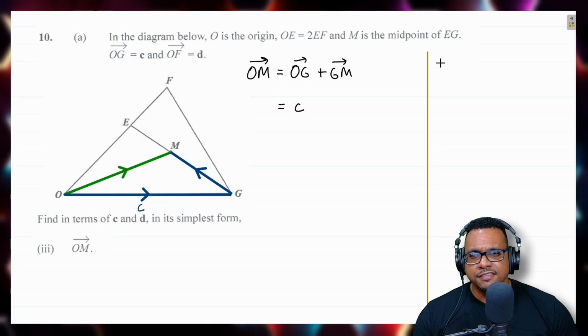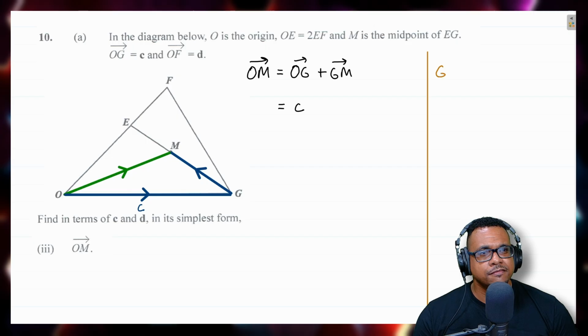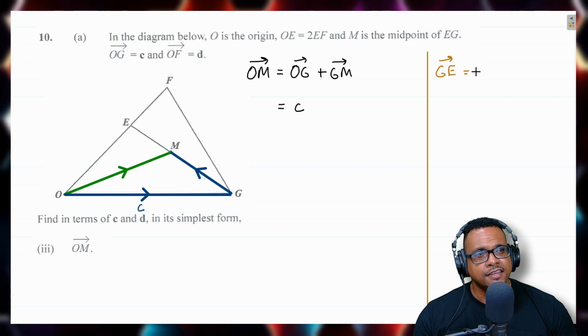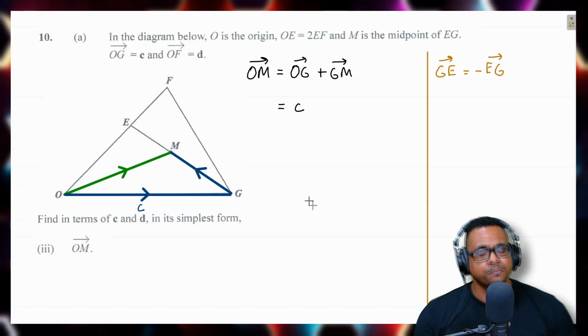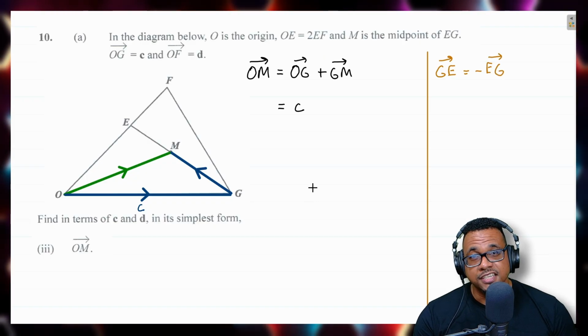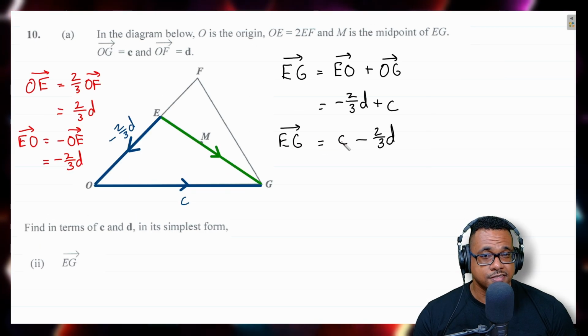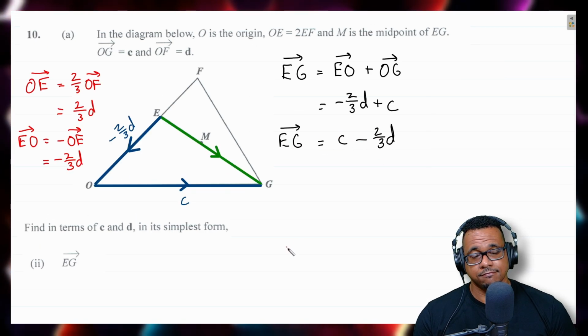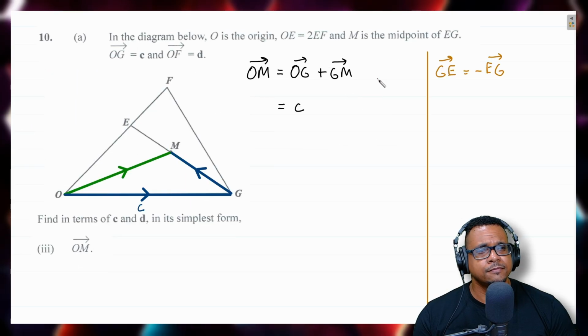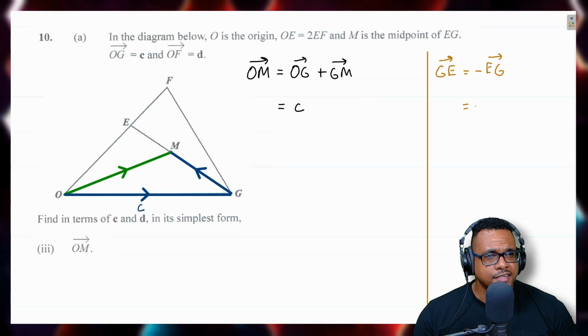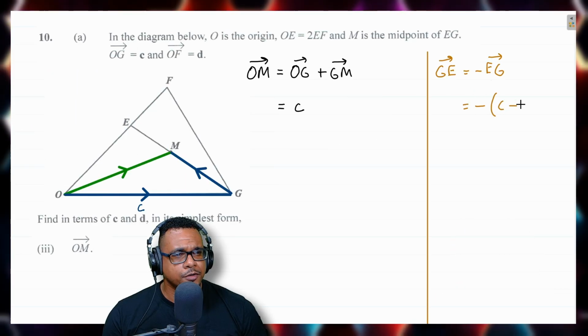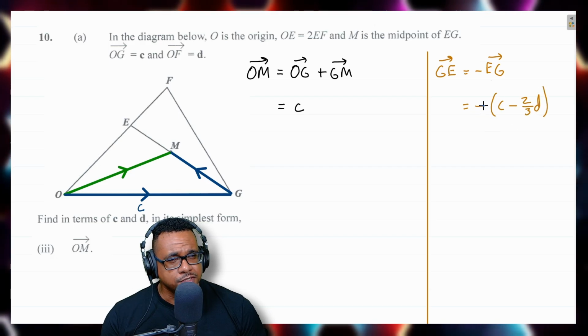So let's just work out that here. We're going to have first the vector G to E, which will be negative EG. And remember, we found that vector EG. Let's go back here. EG is equal to c take away 2/3 d. So let's write that in. That'll be equal to negative c take away 2/3 d. Now this negative out here is like negative 1.